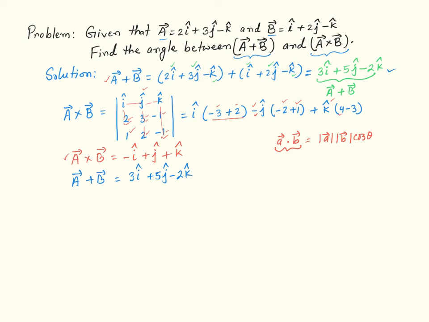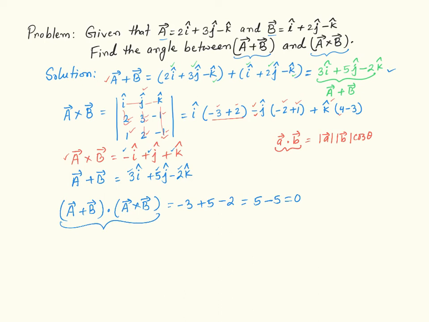So my dot product is going to give me A plus B dotted with A cross B: negative 1 times 3 is negative 3, then 1 times 5 is 5, then 1 times negative 2 is negative 2. So negative 3 plus 5 minus 2 is 5 minus 5, which is 0. So the dot product of these two vectors is 0.